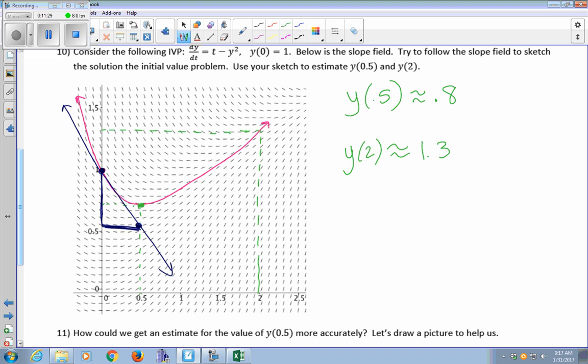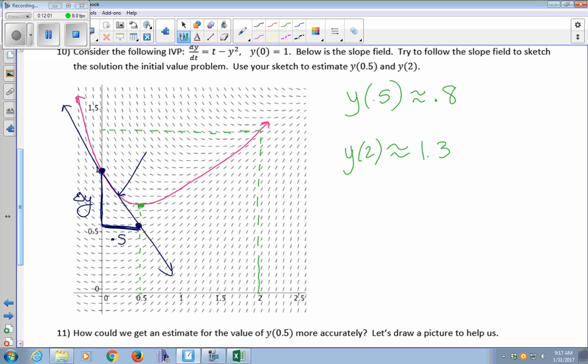So I know that this is 0.5. Delta y is what I'd like to know, because that will tell me I can subtract from 1 my delta y and figure out where my y value landed. What I need to know to figure out delta y is the slope of this line. Do I know the slope of that line, or can I figure it out? Yeah, the slope of the line tangent to the curve is the derivative, right?